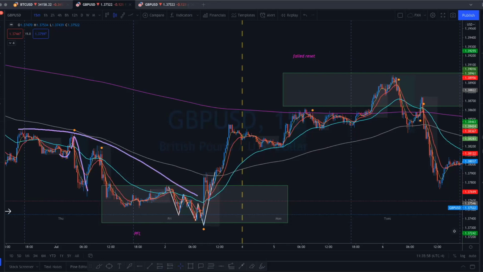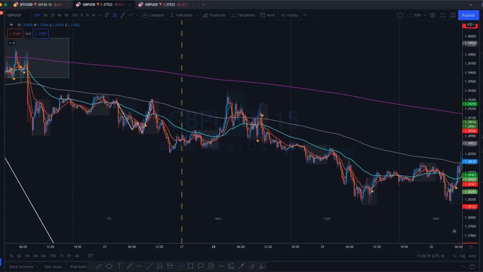Like, I wouldn't want price to come up here and pin that 200, because that would just give me a confirmation to take the trade down. But you can see, like, here it goes straight through. The 200 goes straight through it. You still get a pattern to trade. You actually get a second opportunity in the US session.